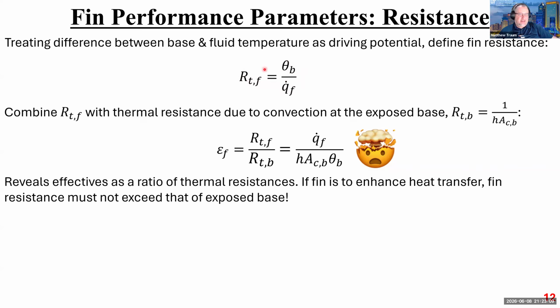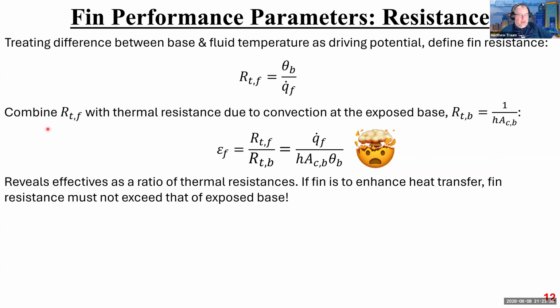So it has the exact same form as a thermal resistance that we've seen before. And I'll show you later, we can use this in our 1D resistance equations when we have a fin present to represent the resistance presented by the fin as it's transferring heat away from a surface, right? So good to have this in our arsenal.